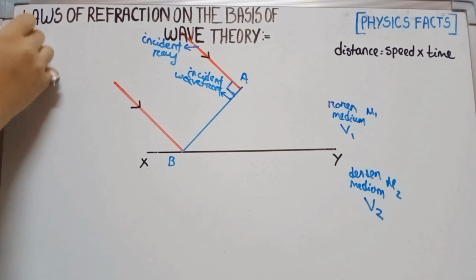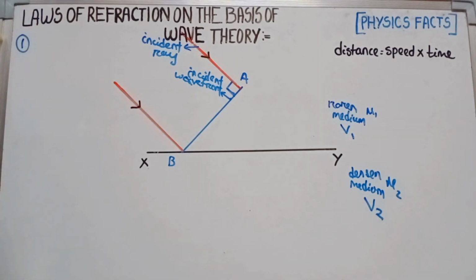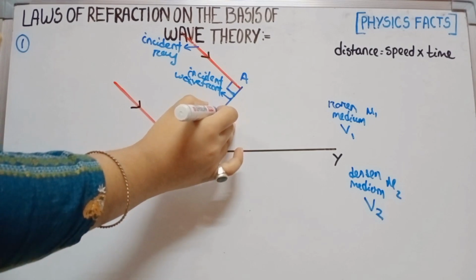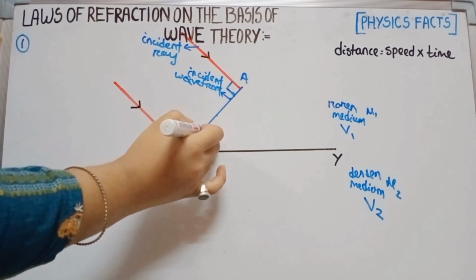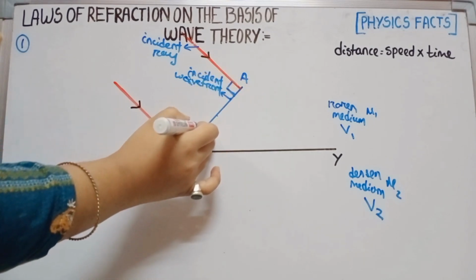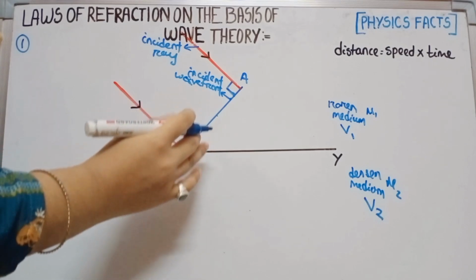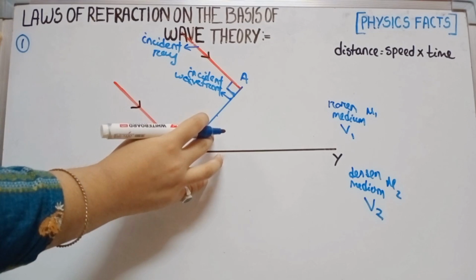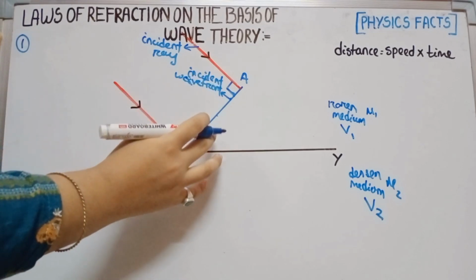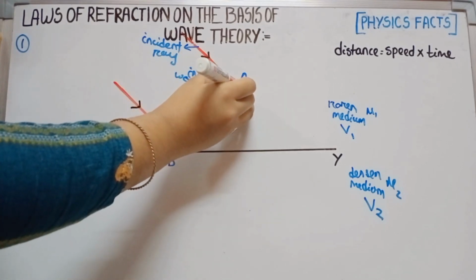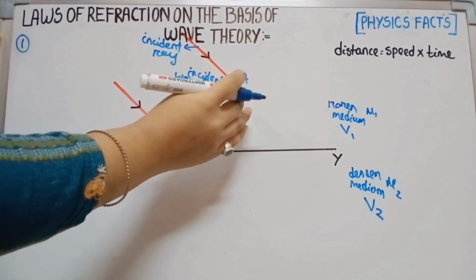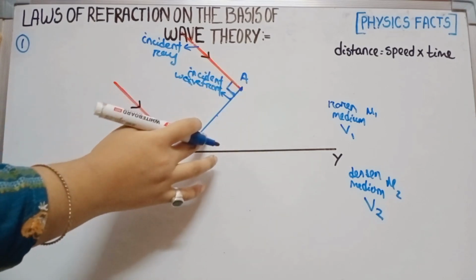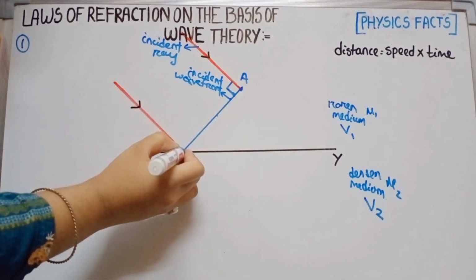According to Huygens principle, the first point suggests that every point on a primary wavefront acts like a fresh source of disturbance. That means this point A behaves like a new source of disturbance, and B also behaves like a new source of disturbance.